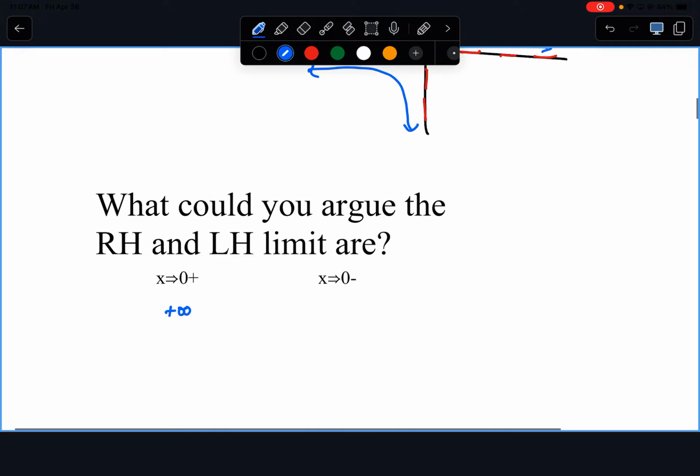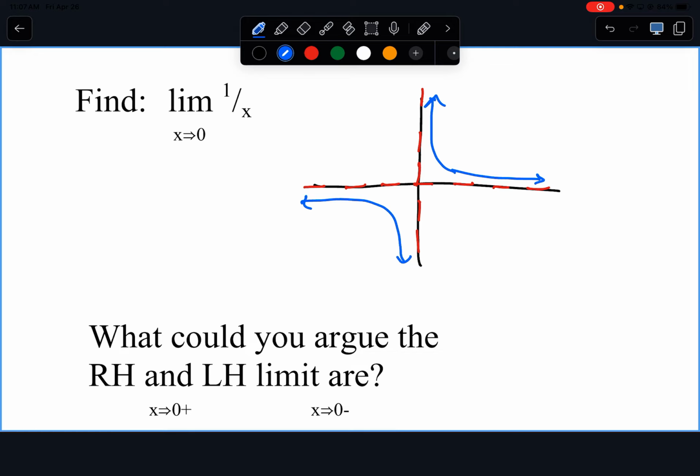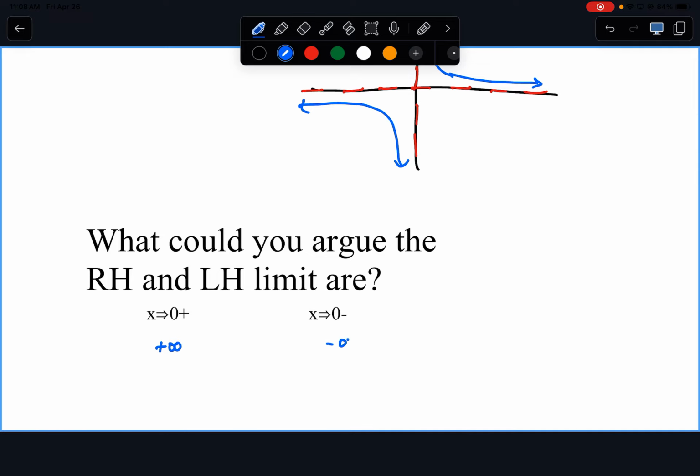What about from the other side? What's the left-handed limit? Where's the graph going? As we approach coming from the left, the graph bends down to negative infinity. So those are the limits on each side, which means what's the limit at 0? Does not exist because the limit from each side is not approaching the same value.